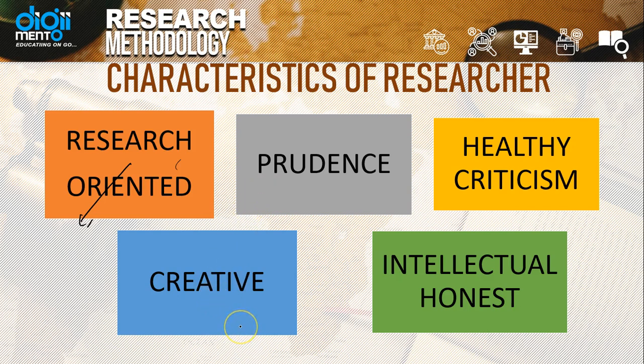The resourceful investigator always creates new research, so you should be very creative. And the next one is intellectual honesty. An intellectual researcher should be very honest to collect and gather the data in order to arrive at an honest result. Okay, so these are some characteristics the researcher should have.